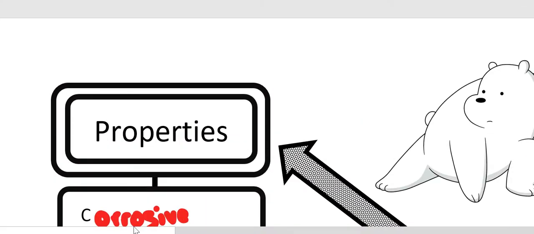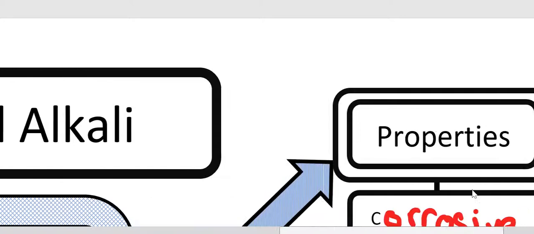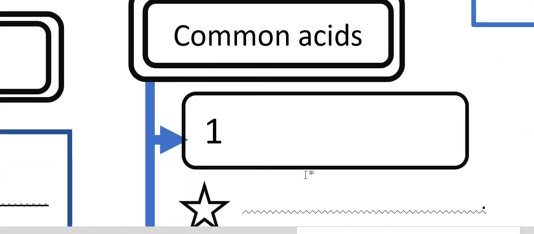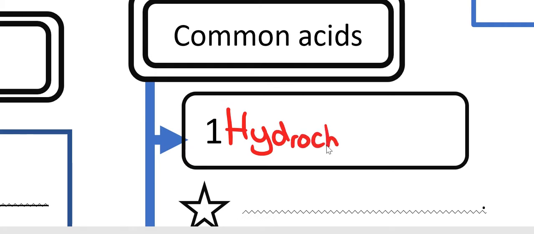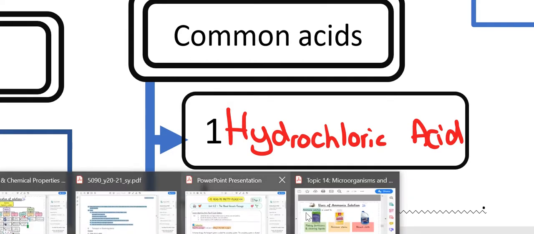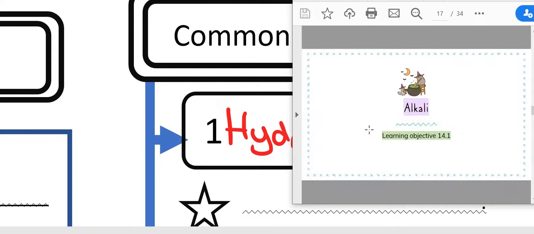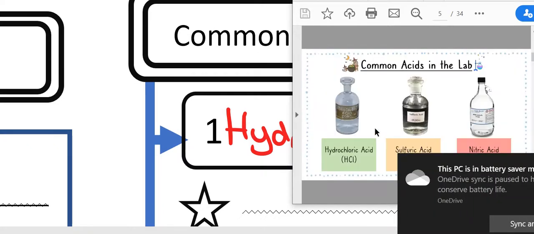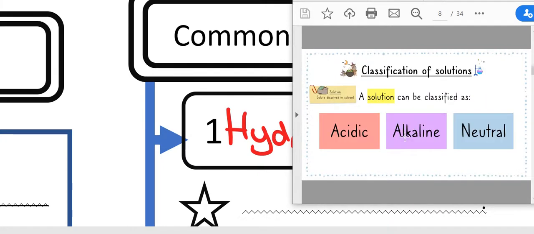Okay, let's move on to acids now. So what are the examples of common acids? The first one is a common acid that you can find in your stomach, and that's hydrochloric acid. Hydrochloric acid has quite a few uses as well. Oopsie, I need to charge my laptop.